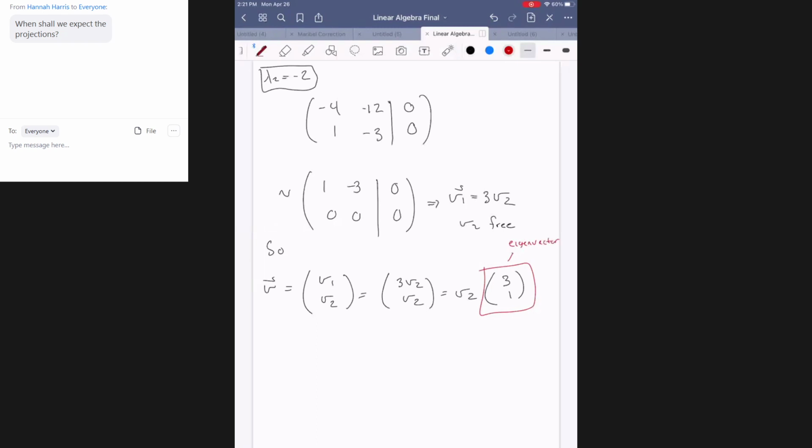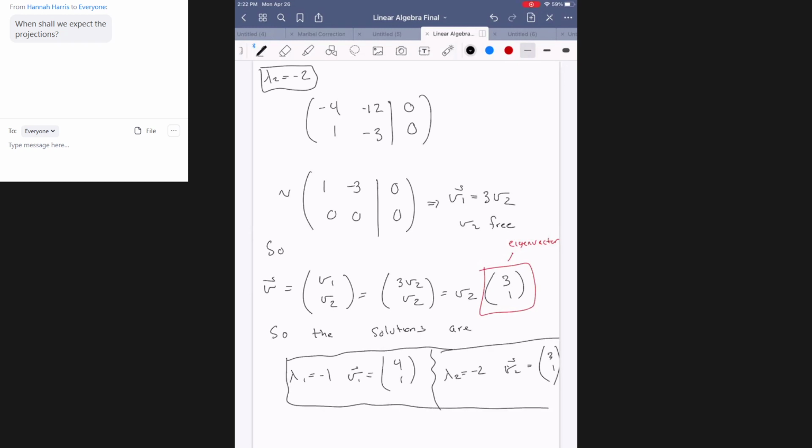So the solutions are: for lambda 1 equals -1, the eigenvector is (4, 1), and for lambda 2, which is -2, the eigenvector is (3, 1). Okay, there you go. So that's how you find eigenvalues and eigenvectors.